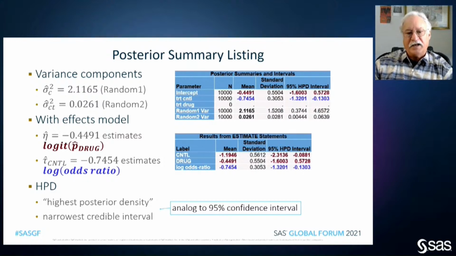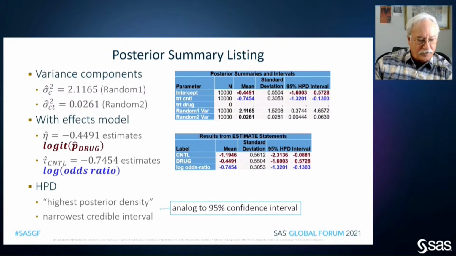So this is kind of an analog to a 95% confidence interval, and it's a standard tool that Bayesians use to decide whether the treatment effects are statistically significant or not, or the Bayesian intellectual equivalent thereof. So you look at the odds ratio, if there's a significant treatment effect, it should not include 0, and you can see, in fact, it does not. So this would be taken as evidence of a significant drug effect.